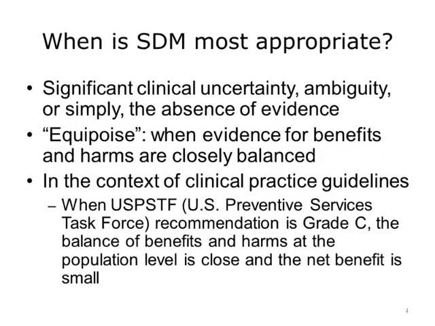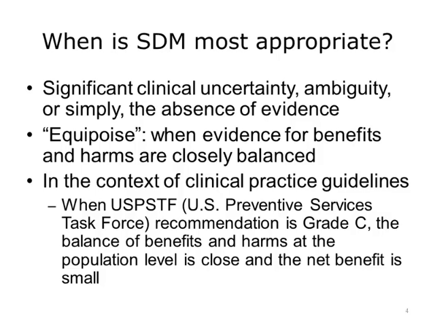Shared decision-making is best used for problems involving clinical uncertainty, ambiguity, or simply an absence of evidence. It is also appropriate in situations of equipoise, which is when evidence for benefits and harms is closely balanced.